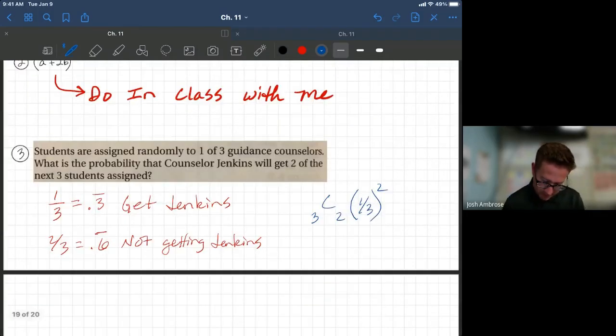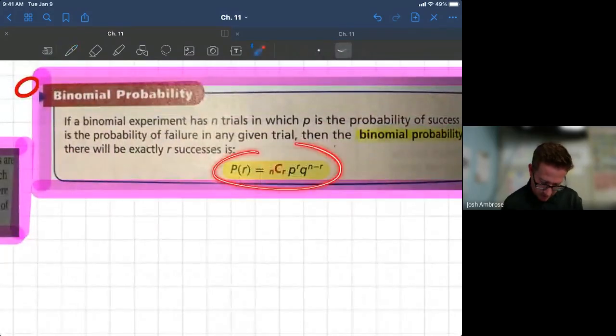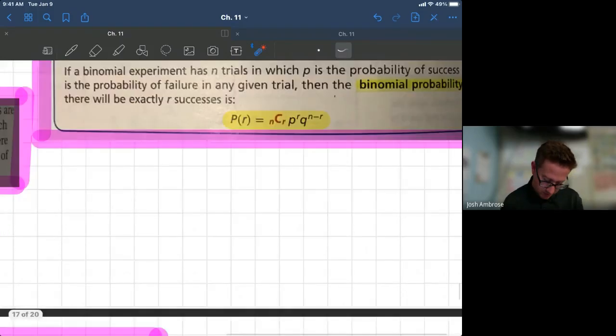And where am I getting this from? Again, I'm just getting this right here. This is the equation. There's 3 combo 2. 2 was the R, 3 is N. So probability of what we want, 1/3, R was 2. Then we're going to have a Q, which is a 2/3 probability. And then we're going to say N minus R, which is 3 minus 2.